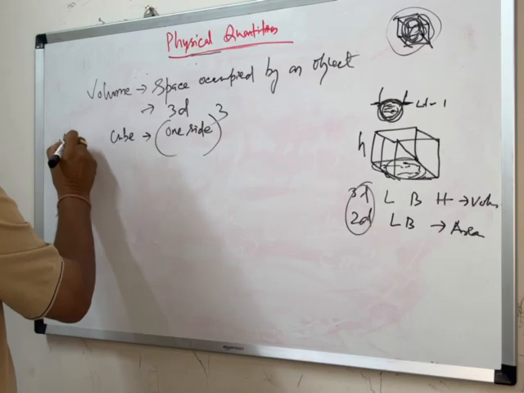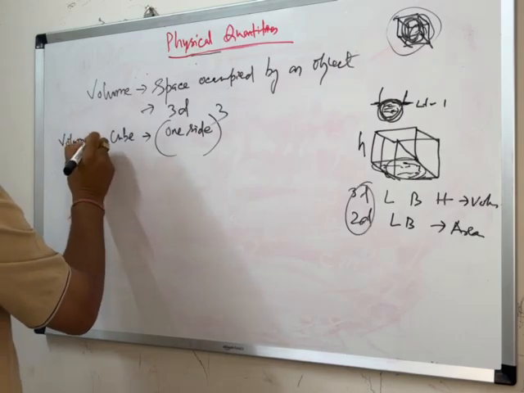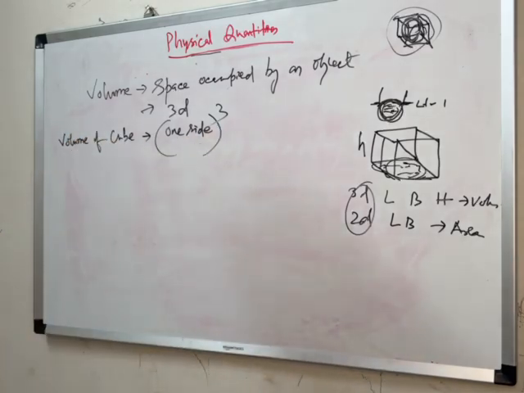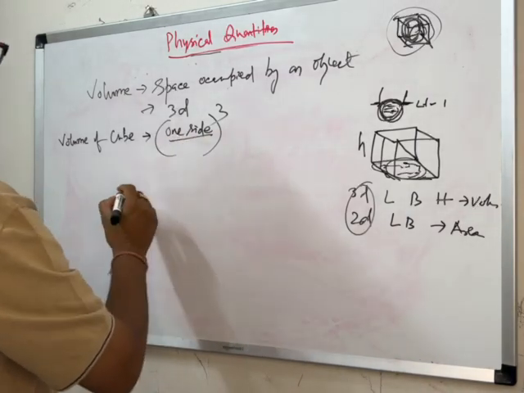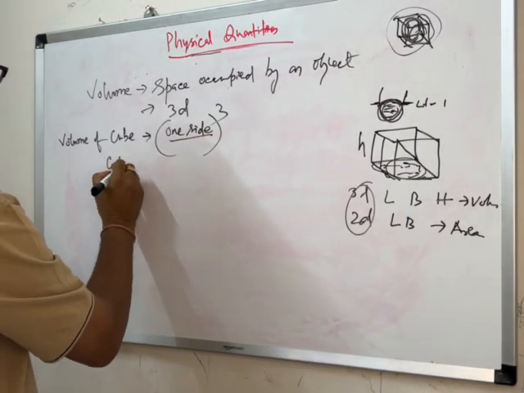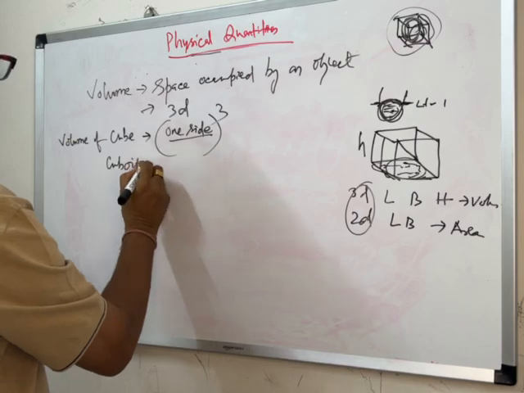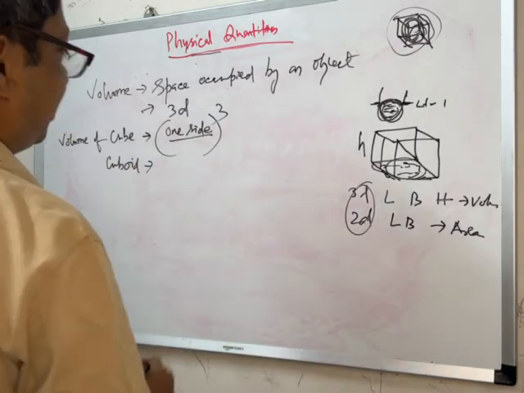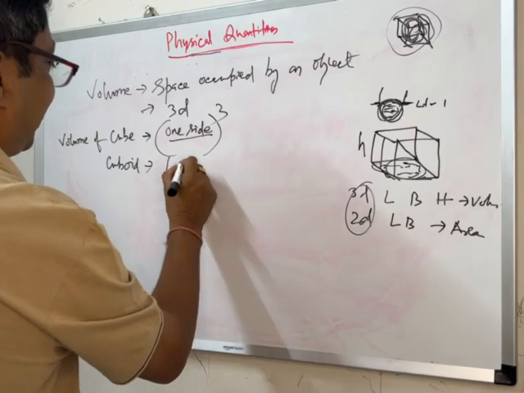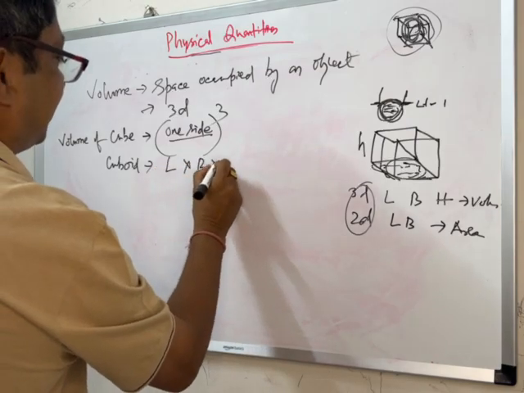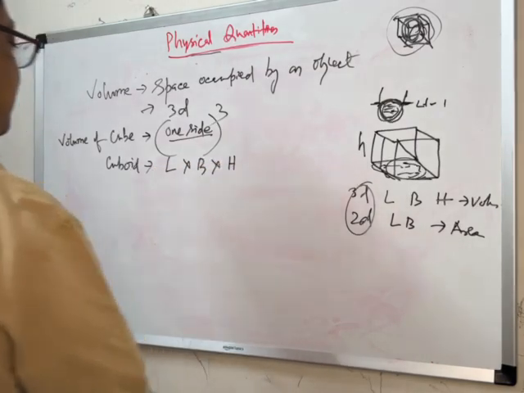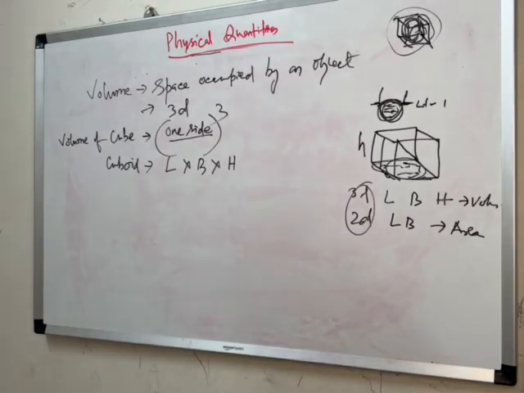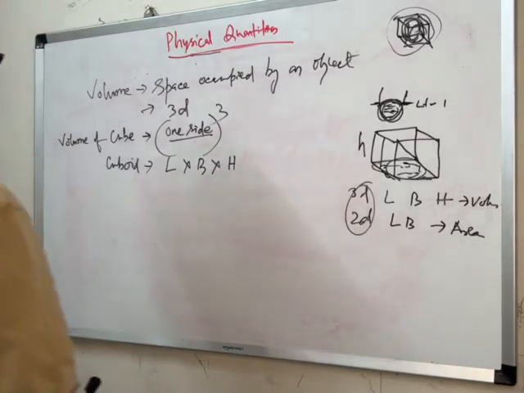So volume of cube is one side cubed, because all sides are equal in a cube. If we come to cuboid, all sides are not equal, so what we can do is length into breadth into height.